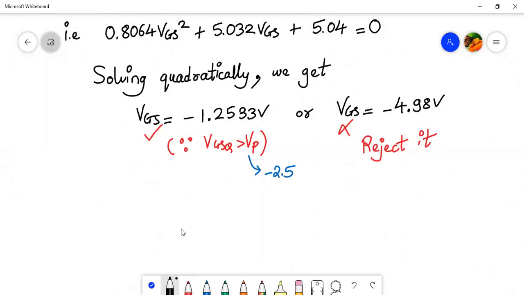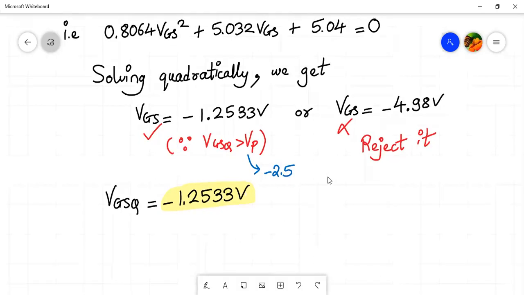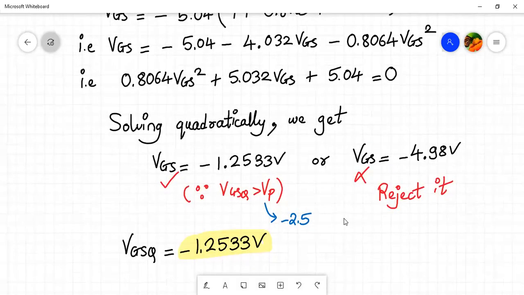So let me write it over here. VGSQ will be minus 1.2533 volt. Let me highlight it with yellow color. Now that we got the value of VGS, we can calculate the small signal parameters, that is GM1.